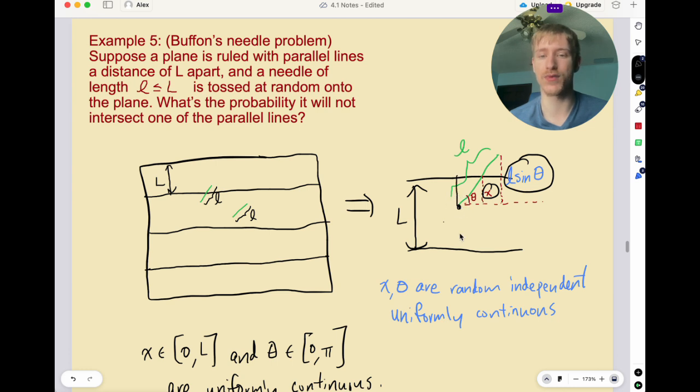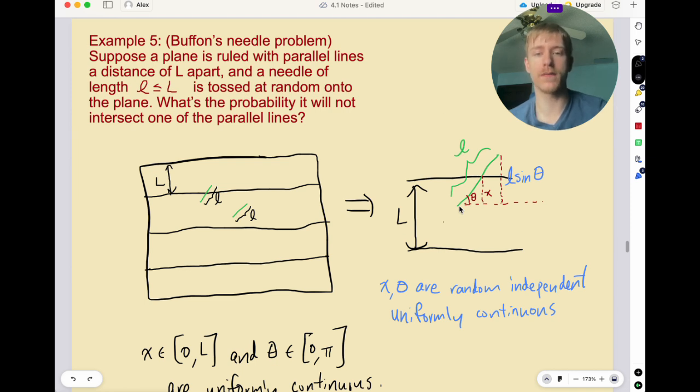Technically this would be the distance, which is equivalent to that distance. So we have a failure whenever L sine theta is larger than x. Clearly a success occurs if the inequality is flipped the other way around.